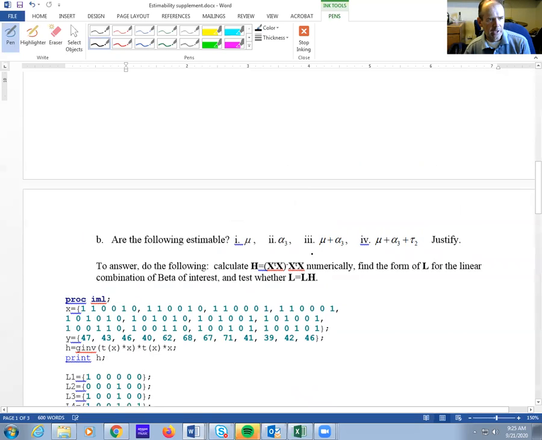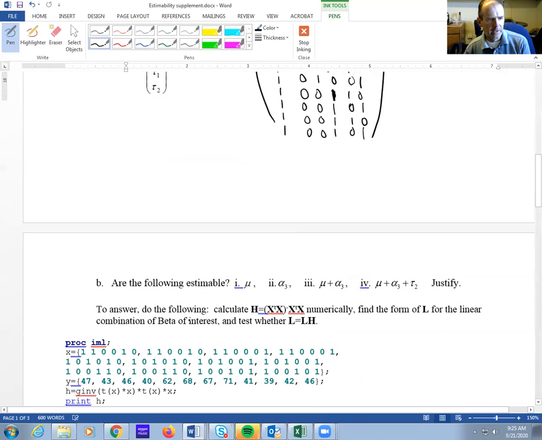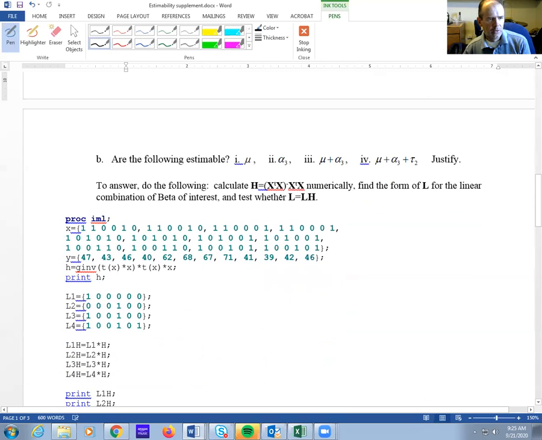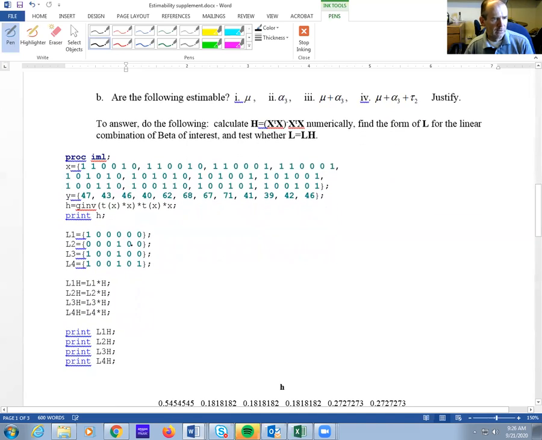So what you can do in this case, we have our X matrix, and then either in PROC IML or in R, you can compute this H matrix. You define X, you plug that in, and you can do this very easily in either R or PROC IML in SAS. Here I've defined what H is: X transpose X G inverse times X transpose X. And I've also defined certain L vectors that we may be interested in.